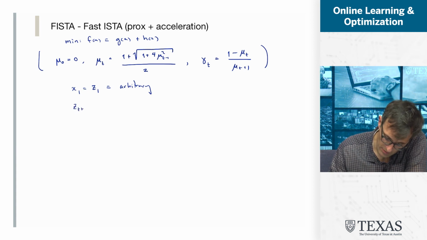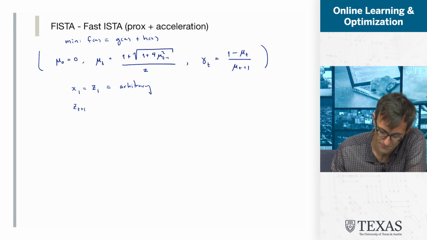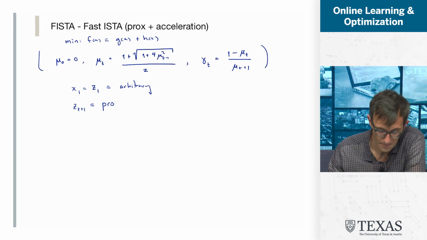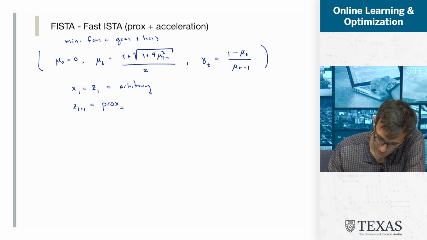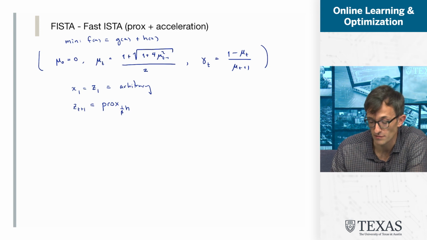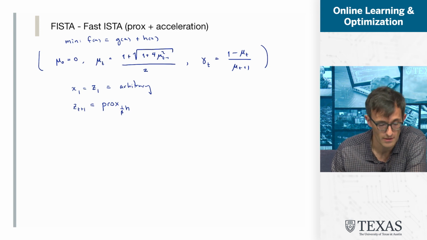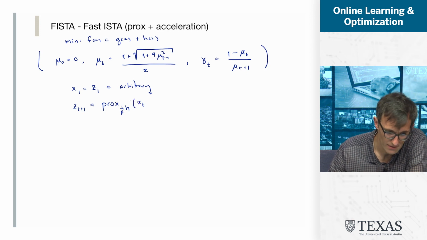z I will update exactly by an ISTA step. So z_{t+1} is equal to basically exactly what we had on the previous slide. Prox of 1 over beta times h, which is the same as prox of lambda over beta times the L1 norm, of x_t minus 1 over beta times the gradient of g of x_t.